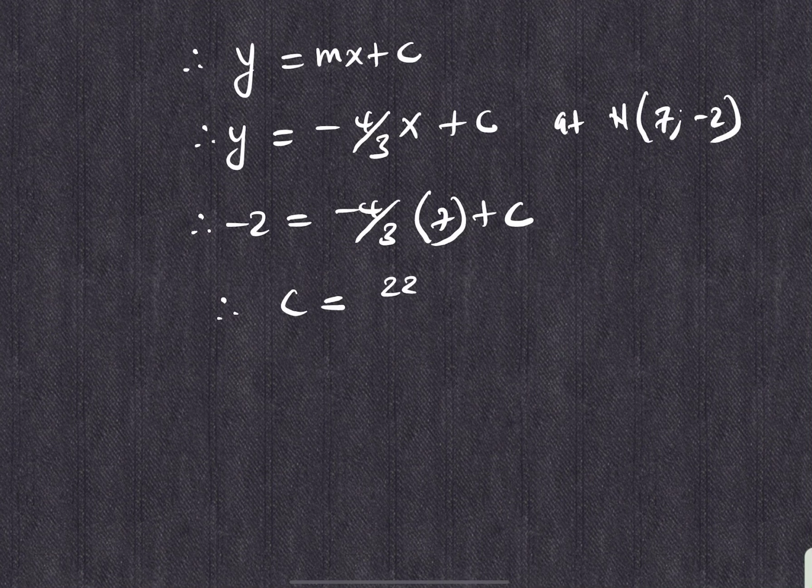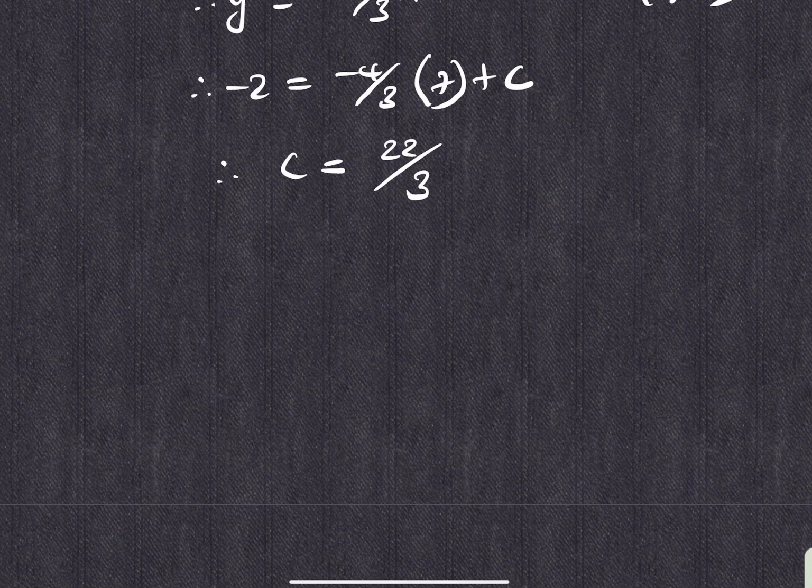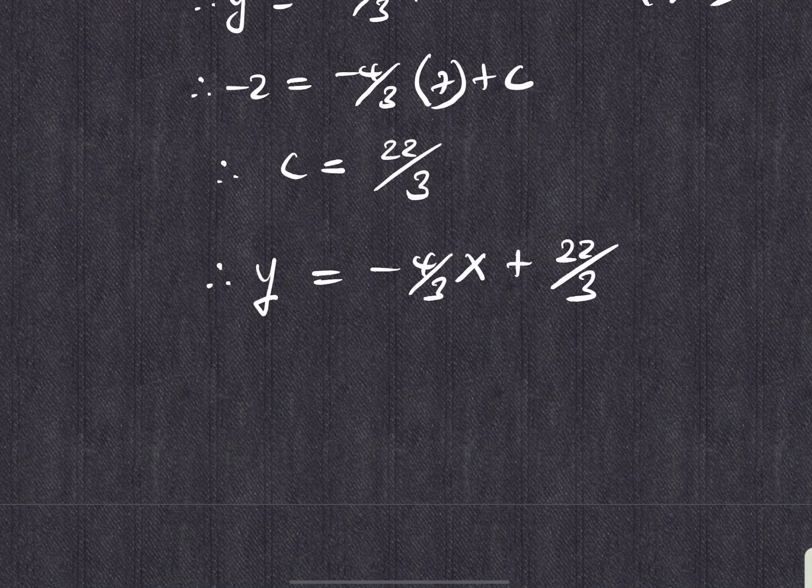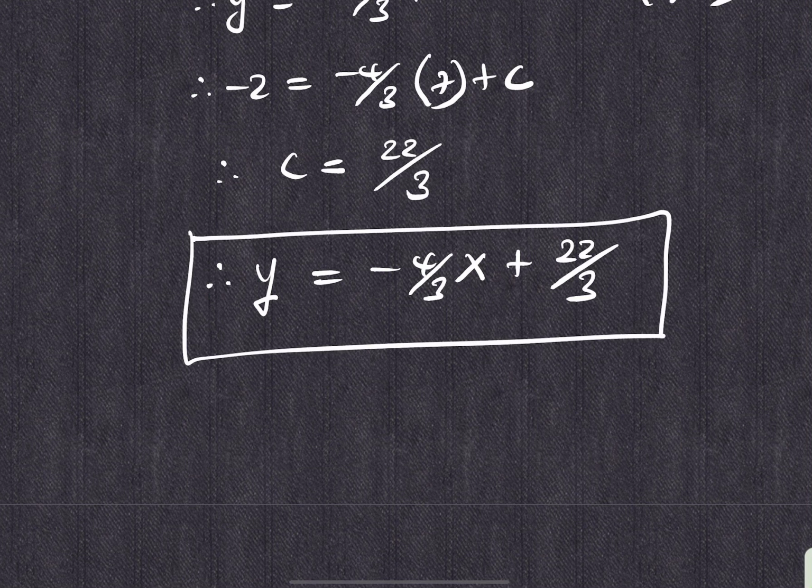So c is 22 over 3. So this then means that the equation of the tangent is equal to the gradient, which is -4 over 3, x plus c. But c, you have just found it to be 22 over 3. This is how we should go about it.